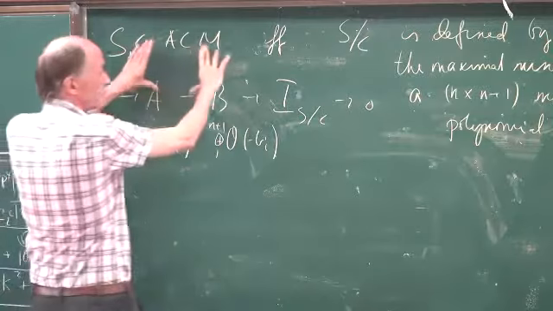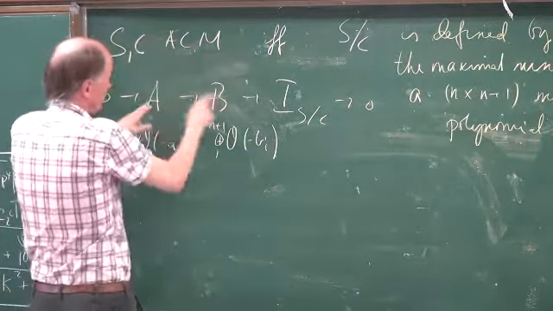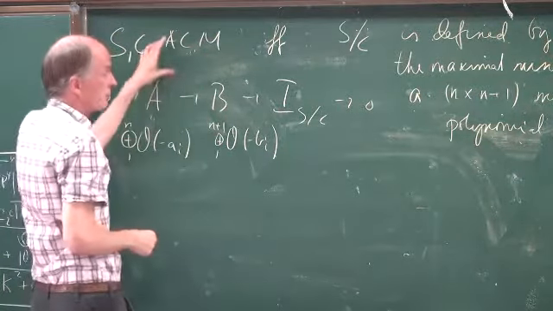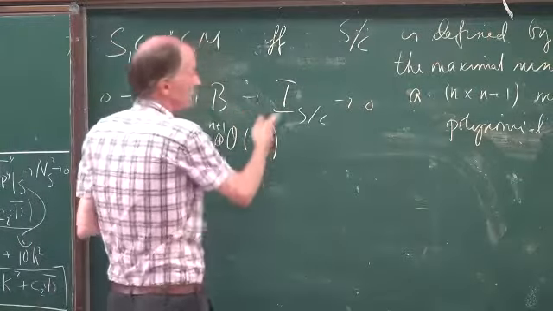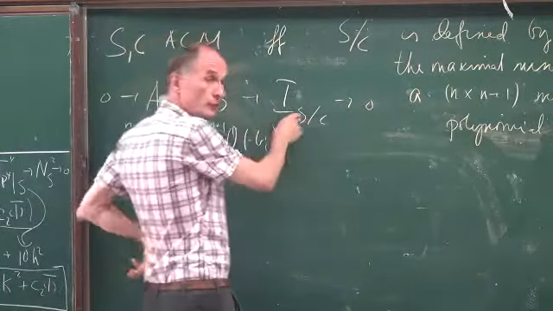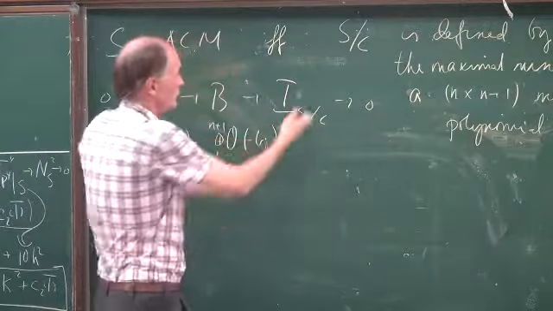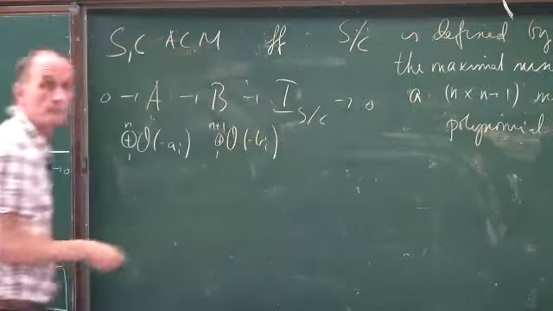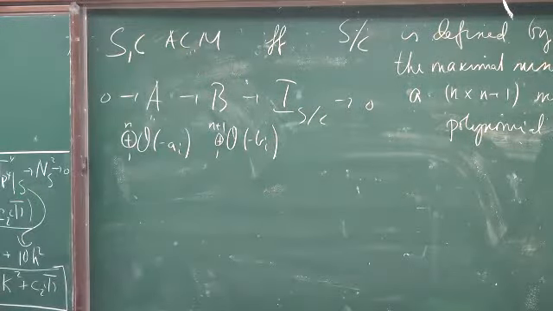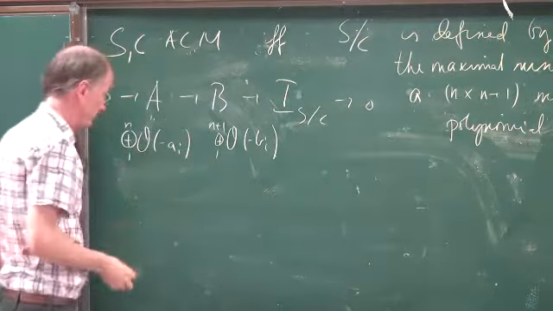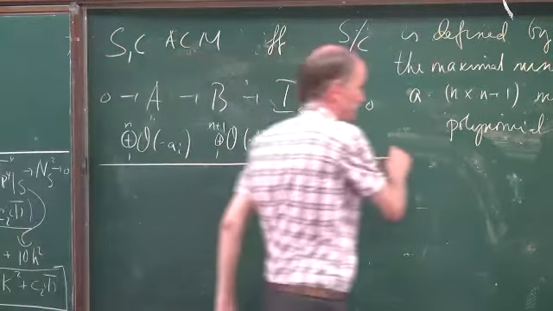Here you have a matrix defining this map, and the maximal minors of that matrix give the ideal of the surface or the curve. You get it similar for the curve by just restricting to a hyperplane.